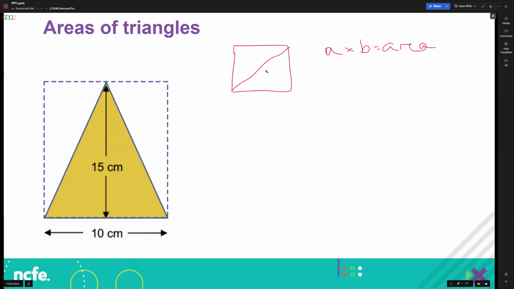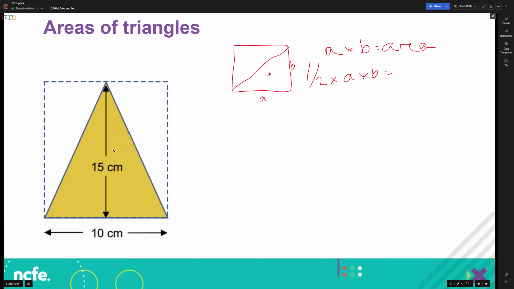But if you wanted to find the area of, say, this triangle here, what you would do is half times A times B, right? Because what we're trying to find out is basically half of a square, with B being here and A being here.